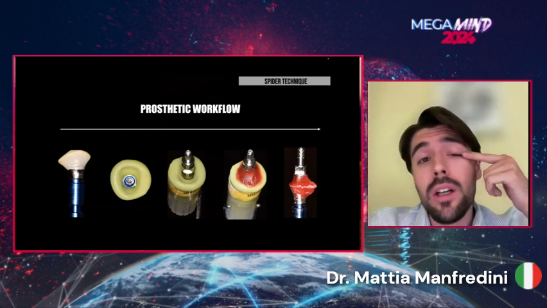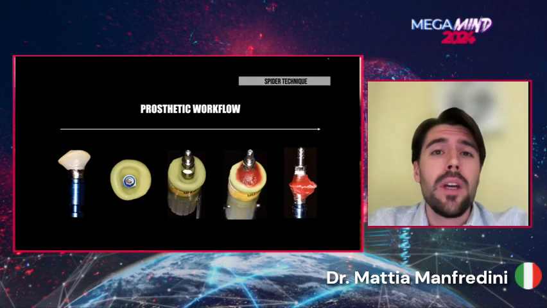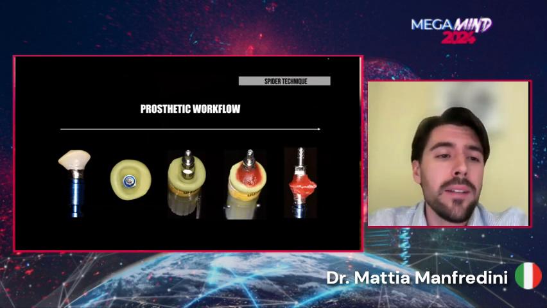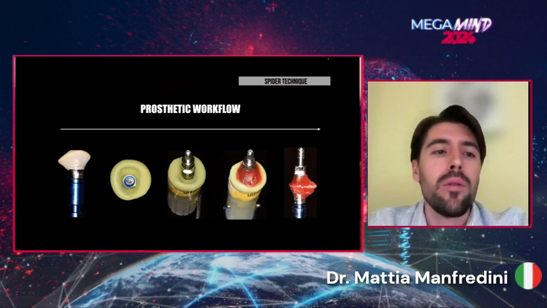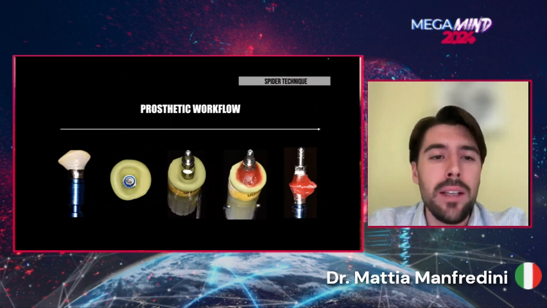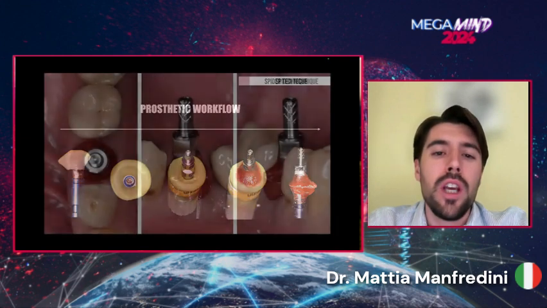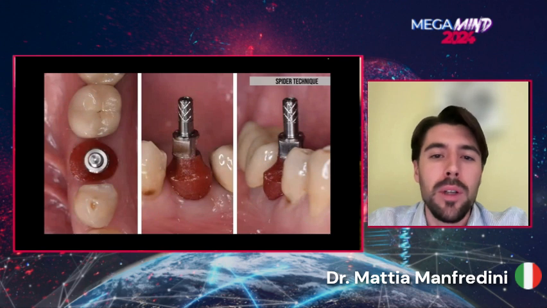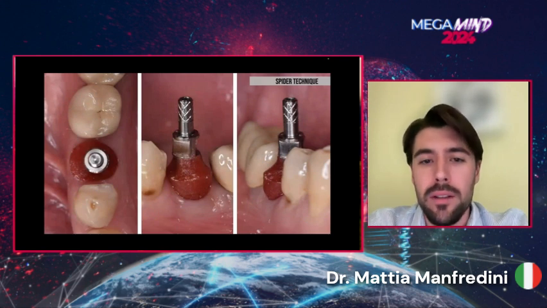In the analogical workflow, instead, we need to connect the custom healing abutment with the analog, place everything inside a silicone, remove the custom healing abutment. In the third picture, you can connect the transfer, and adding the pattern resin step by step, you will have the exact shape of the custom healing abutment individualized inside the transfer.